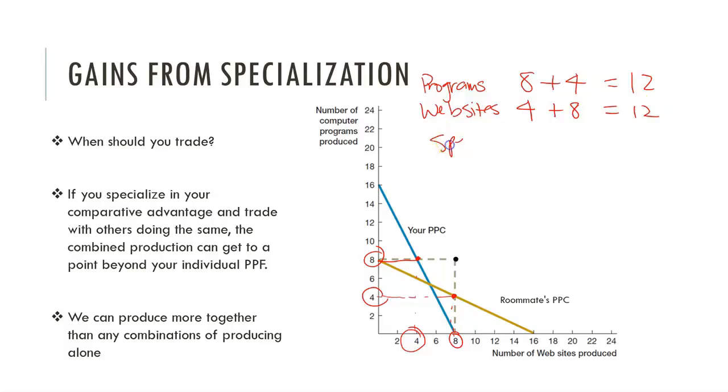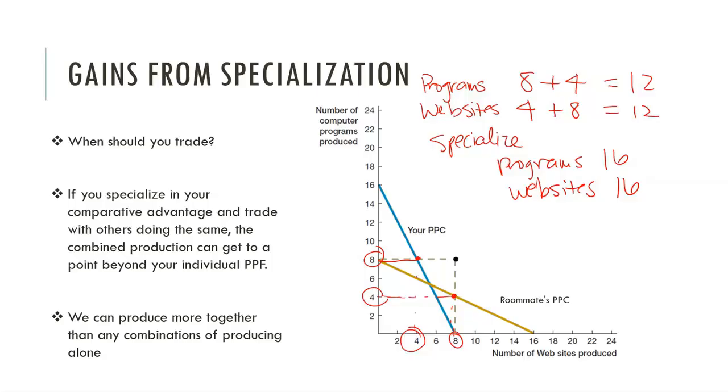If instead you specialize and then just split the money evenly, for programs, you're just going to produce 16. And for websites, your roommate is going to produce 16. So if you specialize, you end up with more total projects completed than if you try to just split the work and each do half and half.